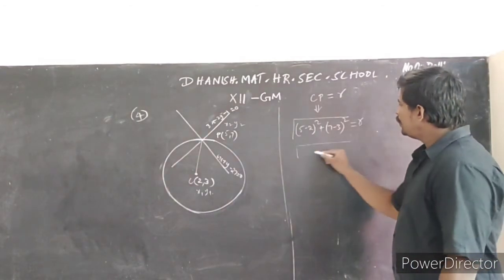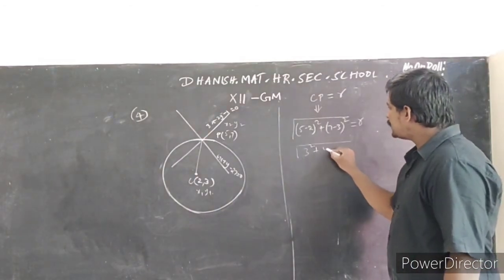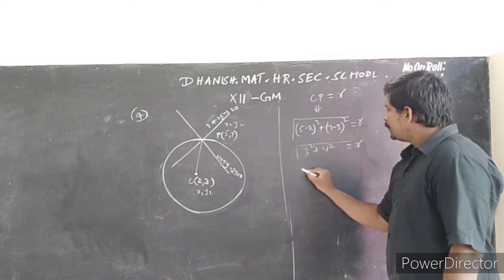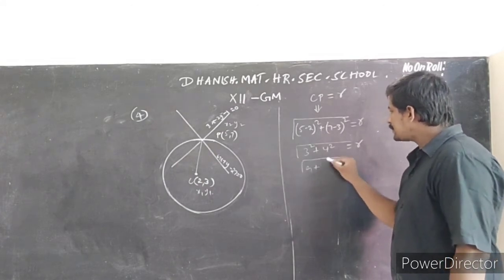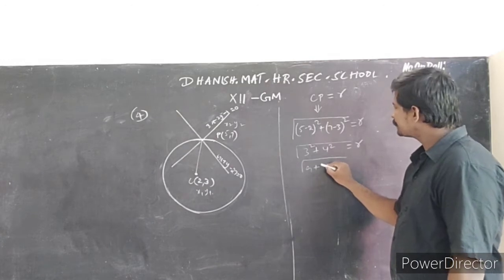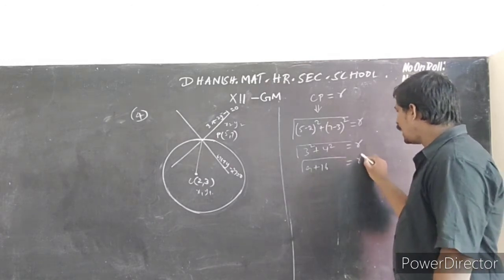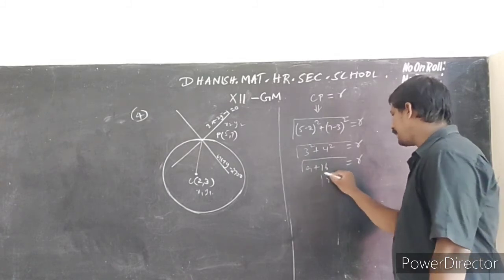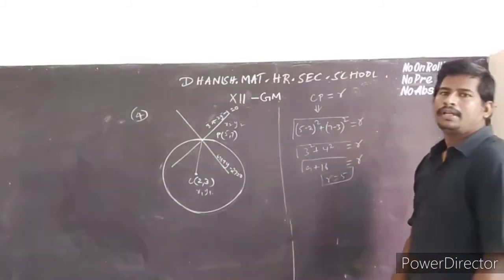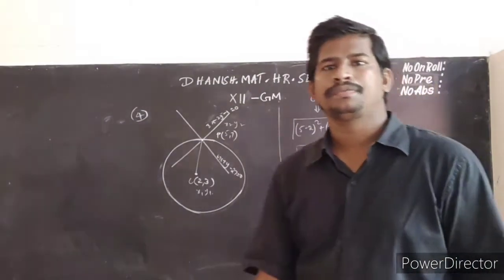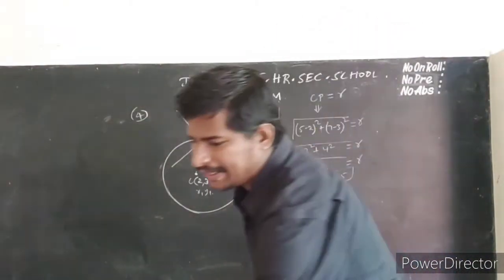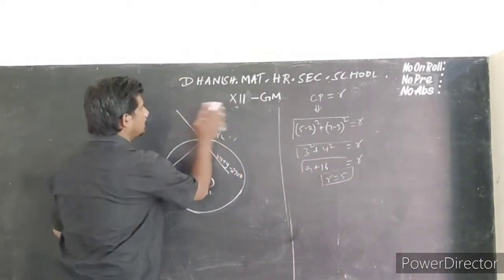Now root of 3 square plus 4 square equal to r, so root of 9 plus 16 equal to r. So root 25, so our r is 5. Here we got our radius as 5, so now we can find the equation of the circle.